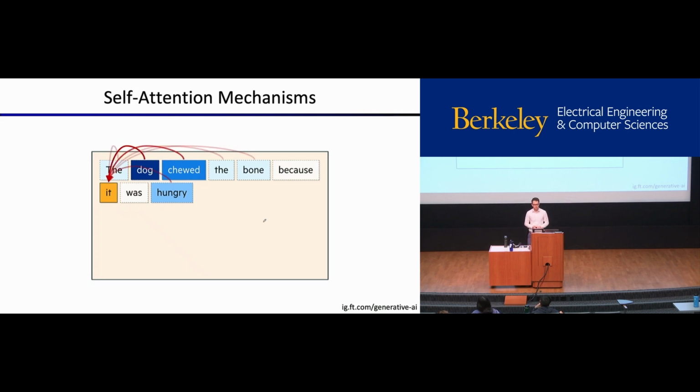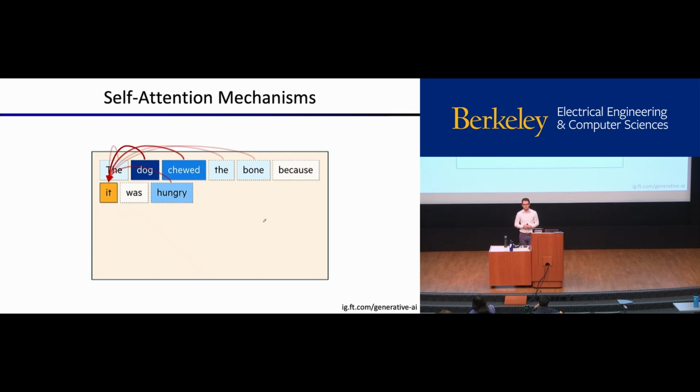Okay? So we can take these attention maps. This is like saying, where are we attending to? What are we paying attention to in this sentence? And we can show that there are connections between some of these words and the word it, and not from other words. So there's a much stronger connection from dog to it, and chewed it, and it was hungry, right? Than there is to bone or because or was. Okay? So that's the basic idea.